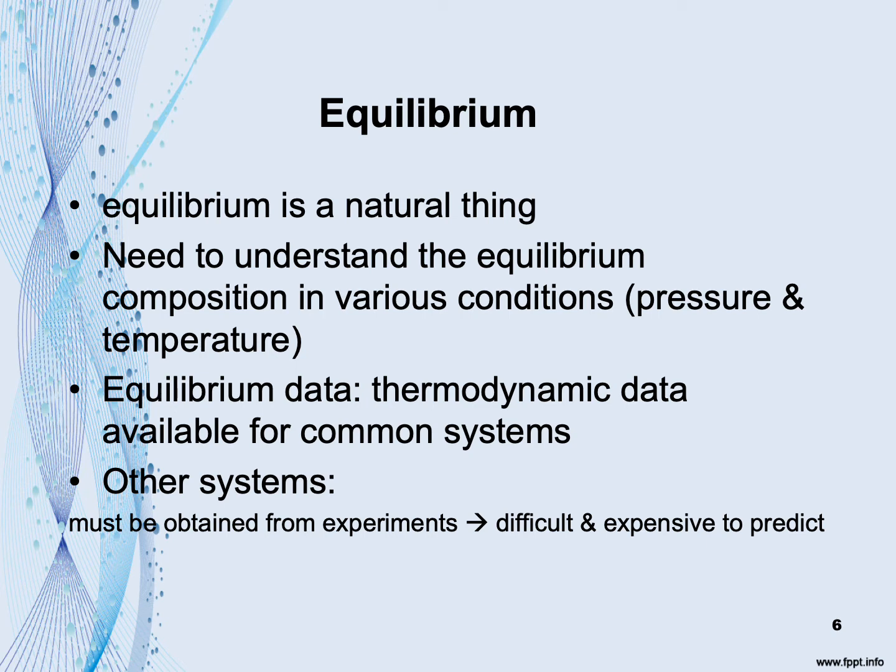And equilibrium data is actually thermodynamic data, and over the years since the 1940s, 1950s, scientists have gathered a lot of equilibrium data, so we have very vast thermodynamic data available for common systems. However, for other systems that are quite new, we need to make an experiment to obtain the equilibrium data.